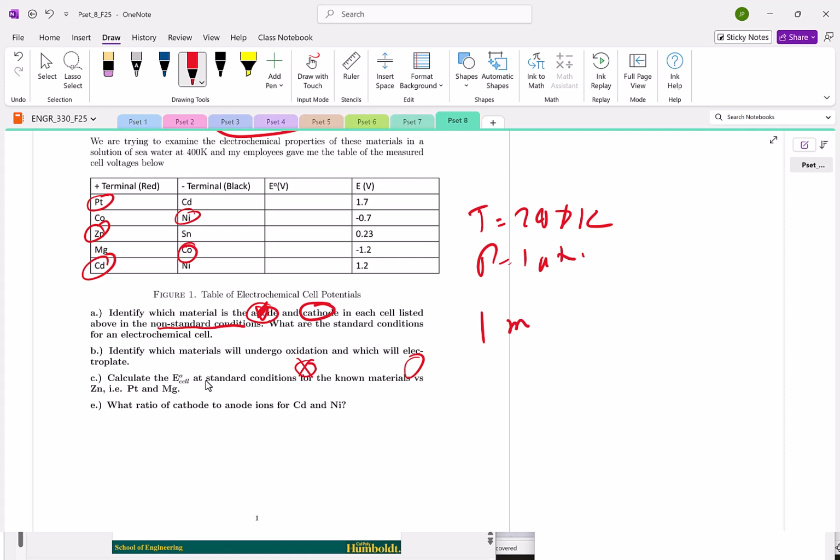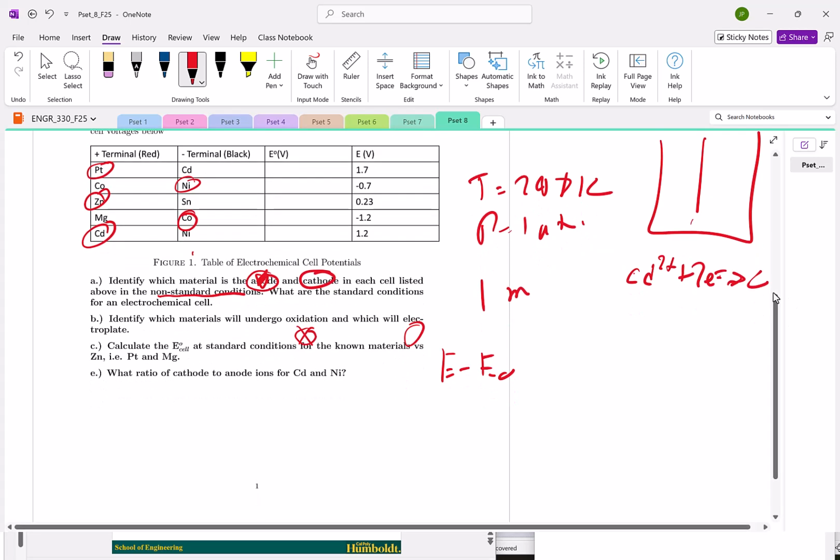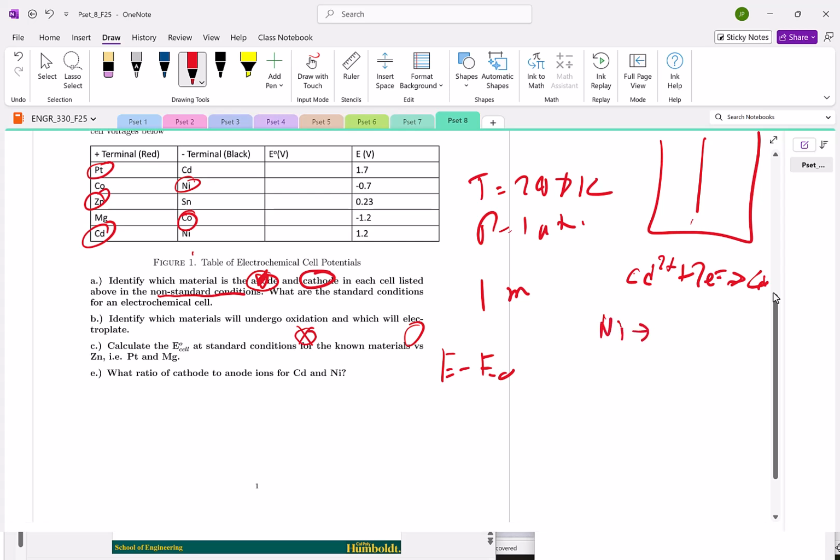Remember, for Cd and Ni, we're going to use our Nernst equation, E minus E naught. Writing out the full cell reaction, Cd is gaining electrons: in solution, Cd2+ plus 2e- goes to Cd, and on the other side, nickel goes to Ni2+ plus 2e-.